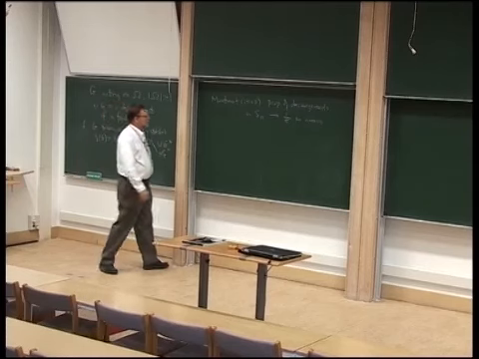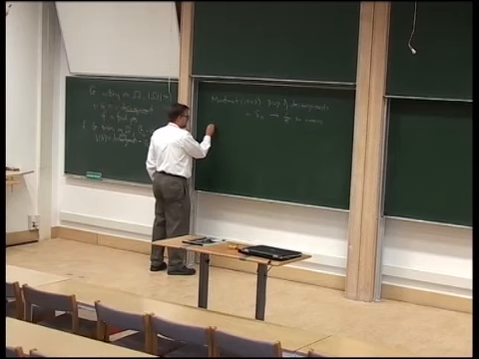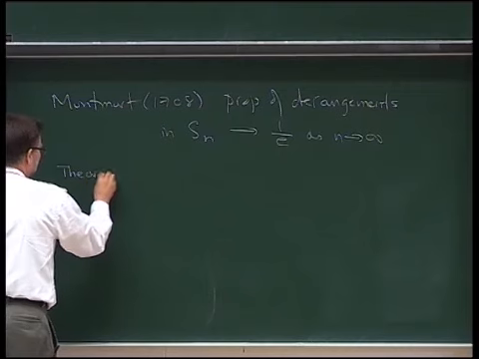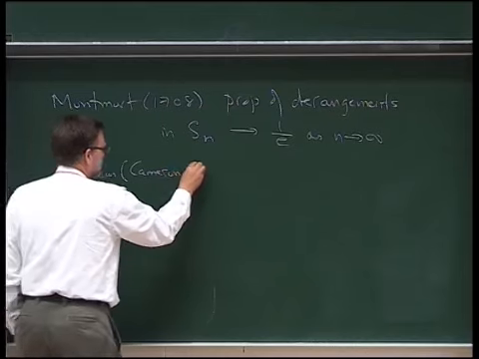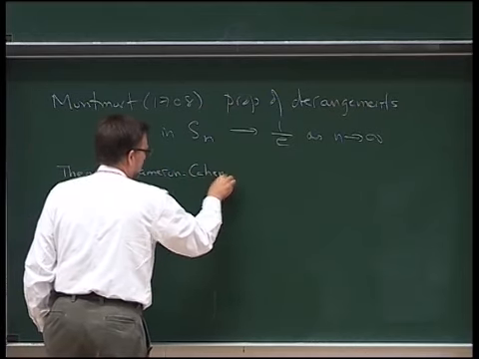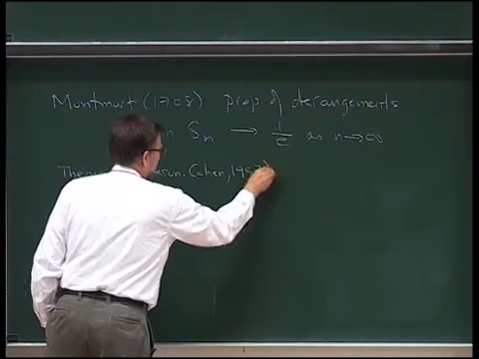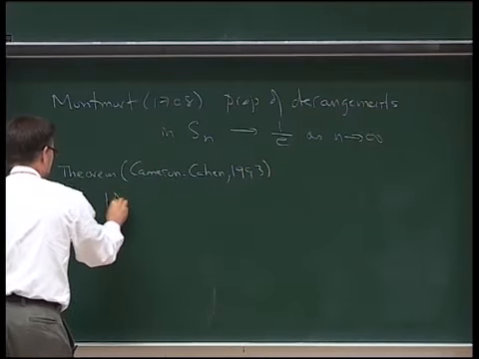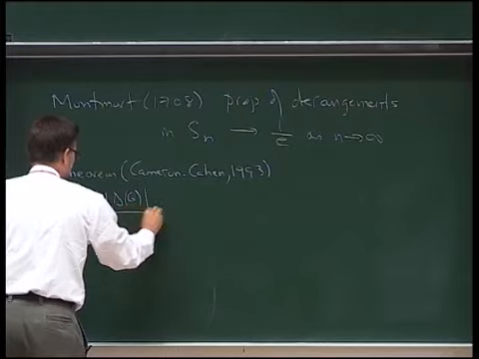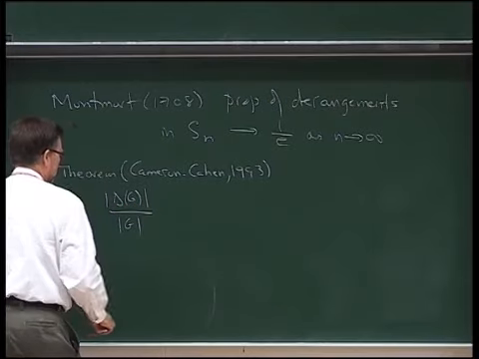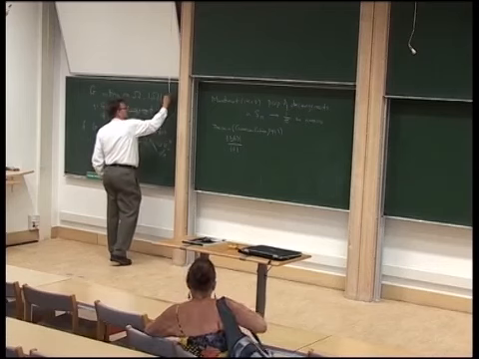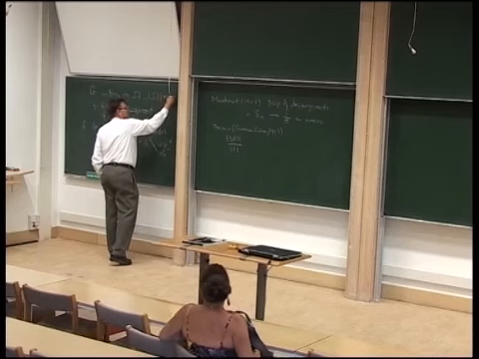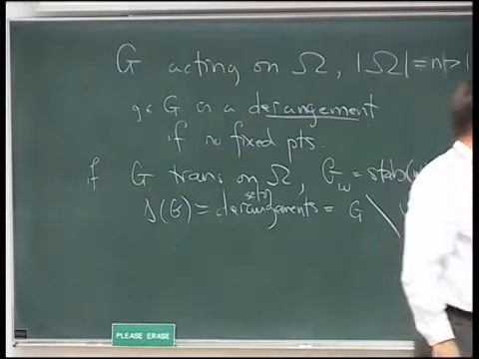But there's a theorem, and rather remarkably, not proved until 1993 by Cameron and Cohen, that says if G is a transitive finite group, I'll always say n is the cardinality of my set.